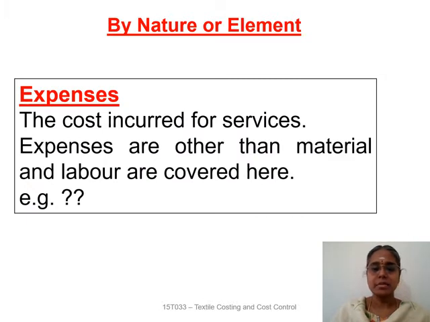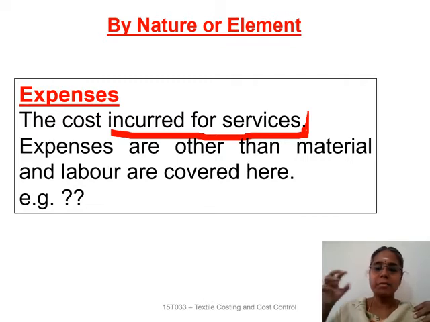Then the third classification: incurred for services. Incurred for physical things is material, incurred for human efforts is labor, incurred for some service is expense. Electricity is a service provided, telephone is a service provided, some cleaning activities rendered by agencies are services. If you have an employee in your industry itself doing those things, then it is not a service, you pay for that labor.